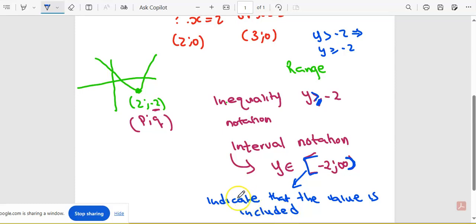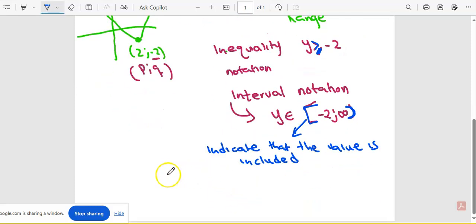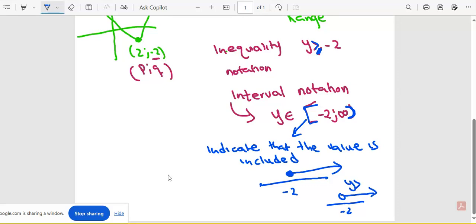On this one, y must be greater than or equal to negative 2. If you want to draw it on a number line, this is negative 2, you do a closed circle, then you point in that direction. With an open circle, going that side, this is for y greater than negative 2, and this is for y greater than or equal to negative 2. Are you with me on that?